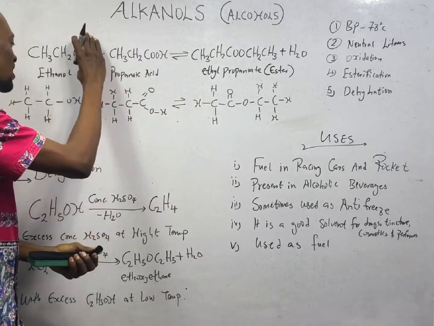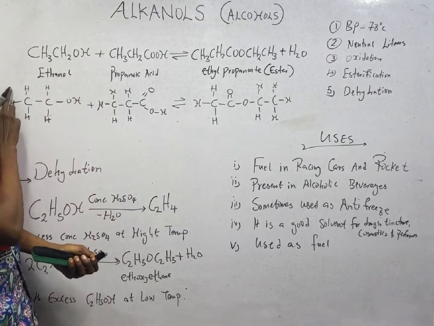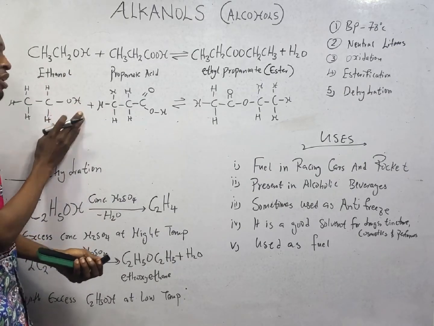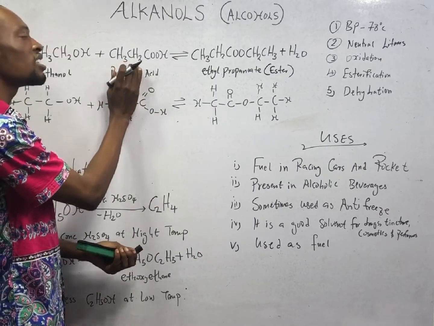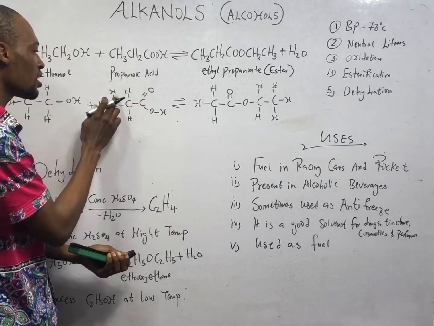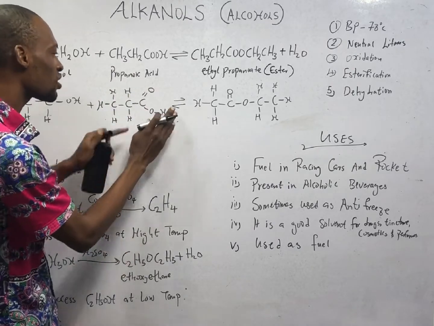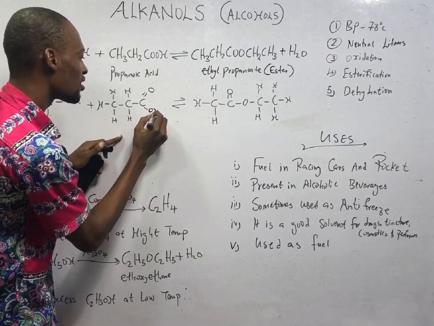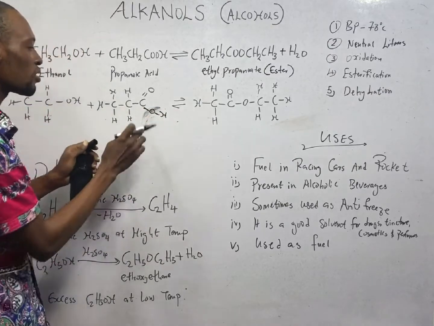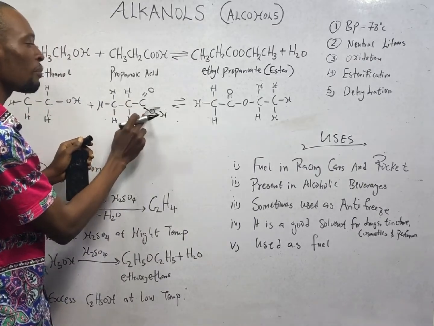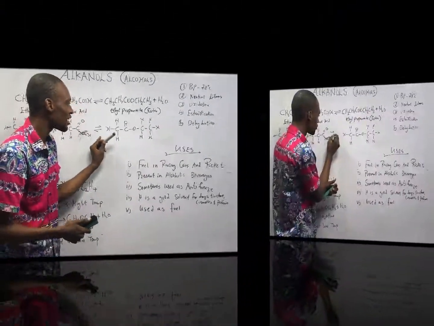So if you expand this, ethanol CH3CH2OH is reacting with propanoic acid CH3CH2COOH. Now this OH, something like this, is the same thing as something like this, because the double bond is from carbon to oxygen and from oxygen to hydrogen to give us ester.